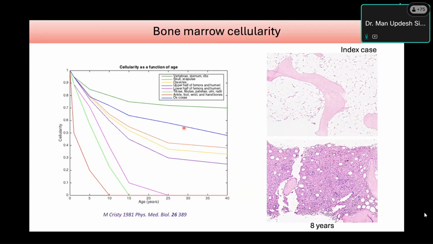So for a child of 8 years, there must be around 90% hematopoietic cells and just 10% fat, right? So in this situation, you see there is hardly 5% hematopoietic cells or even less. There is nearly 100% fat, right? So yes, remember the formula is not very accurate. It just gives you an idea how cellularity would look at that age.